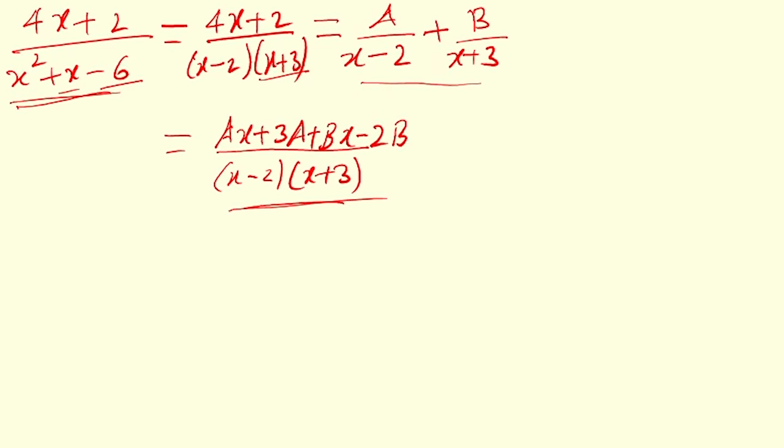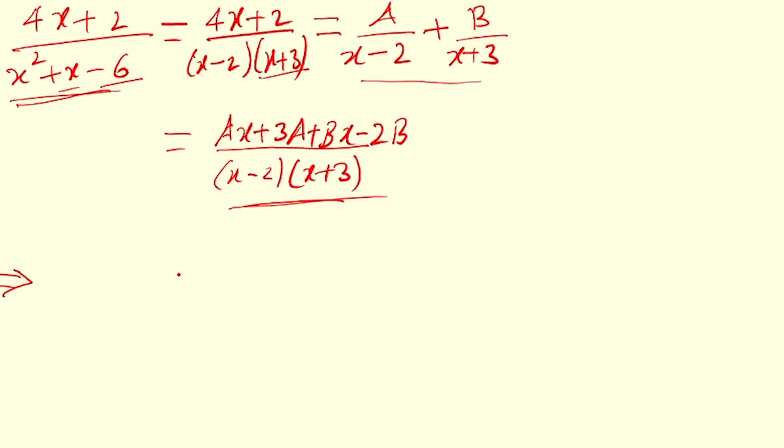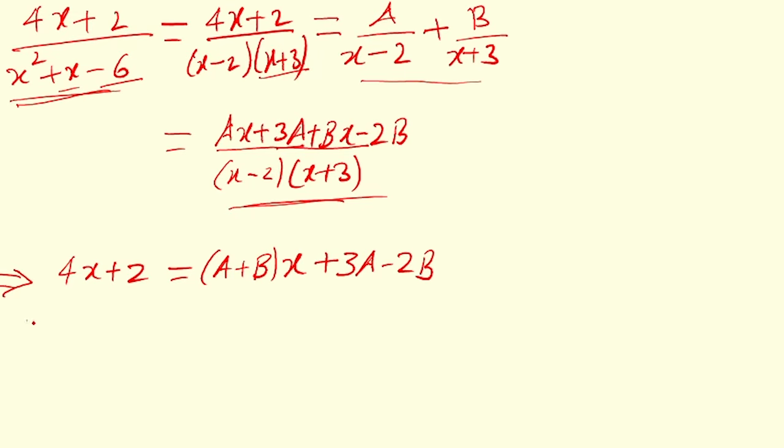From that, we know the numerators should be equal. Therefore, 4x plus 2 is equal to ax plus bx, that is a plus b times x, plus the constant term 3a minus 2b. Now, equality of two polynomials.